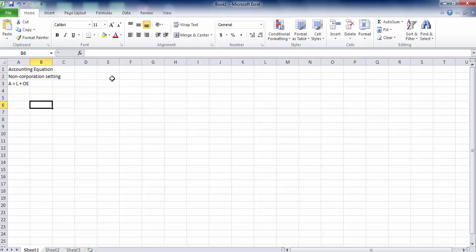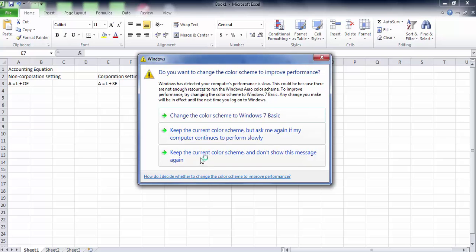In a corporation setting, the accounting equation is basically assets equals liabilities plus stockholders' equity. So no matter how you slice it, whether you call it owner's equity, stockholders' equity, if this was a partnership equity, we can just call that last piece equity. Okay?